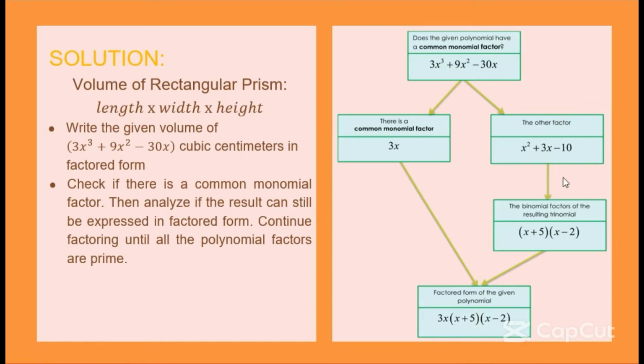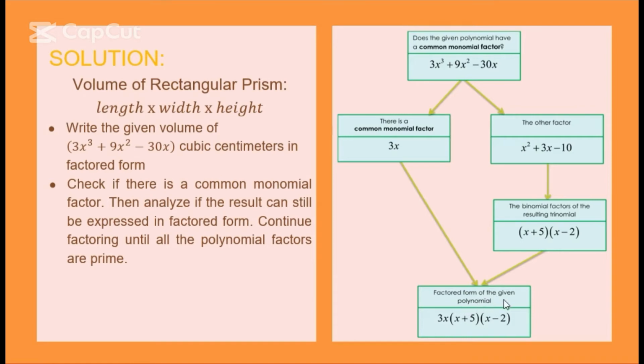Pwede pa ba kaya itong i-factor out? So, we will have x plus 5 times x minus 2 as factors of x squared plus 3x minus 10. Okay? Now, dahil na-factored out pa natin siya, and this one, wala na silang ibang factor kundi 1 at sila, yun na yung magiging other factors natin.